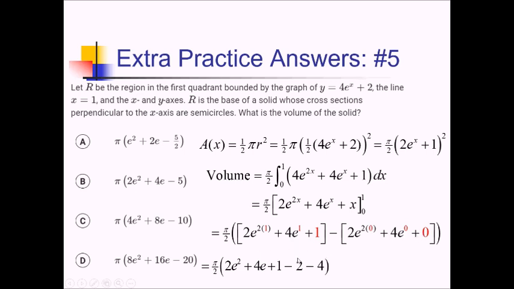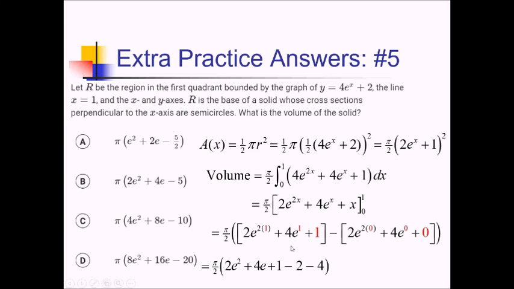One thing, at this point, you should look at the answer choices and see what kind of form these things are in. And you'll notice in all of the answer choices, we have a pi outside of parentheses rather than a pi over 2. So it looks like I'm going to have to divide everything inside here by 2, basically distribute the 1/2 that's there.